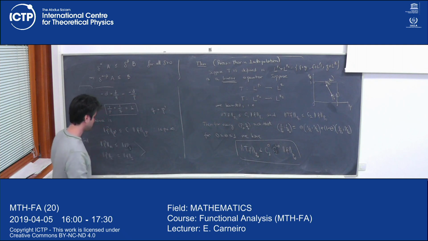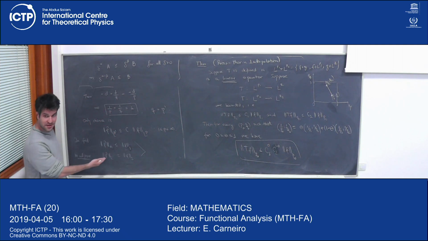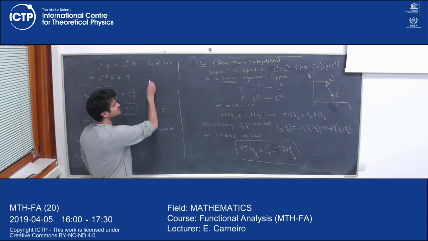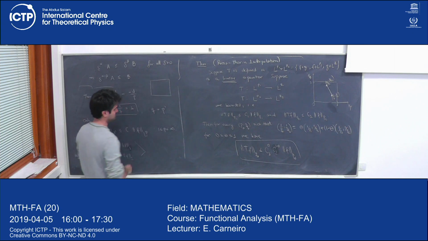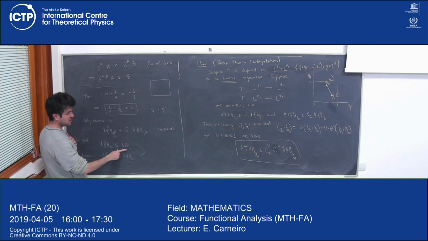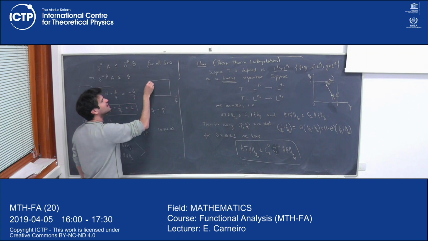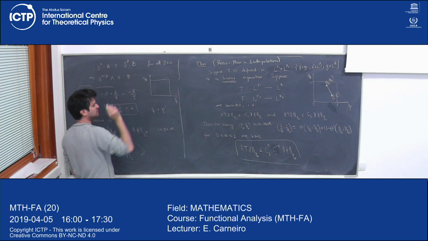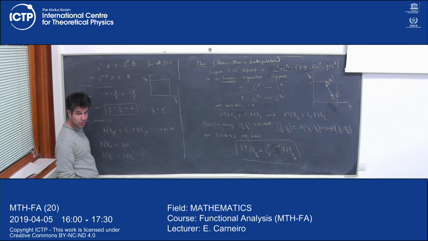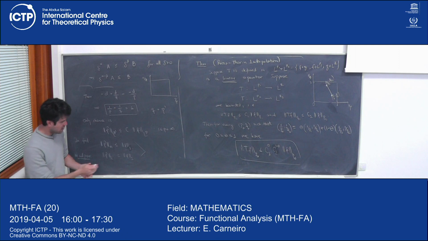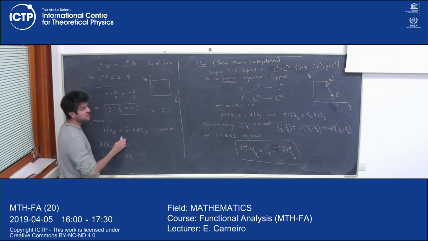But in this case, if I put this square, with this line 1 over P and this line 1 over Q, this point would correspond to P1 and Q infinity.